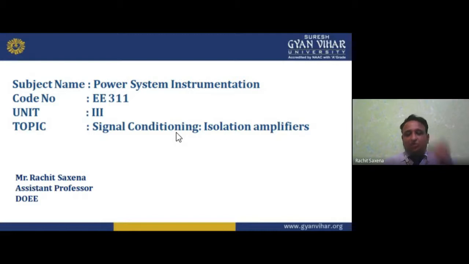So before this lecture, basically the first lecture of unit number 3, in my previous lecture, I talked to you about the differential amplifier. In a differential amplifier, we have three amplifiers. Three amplifiers means three operational amplifiers, and they are basically IC741.